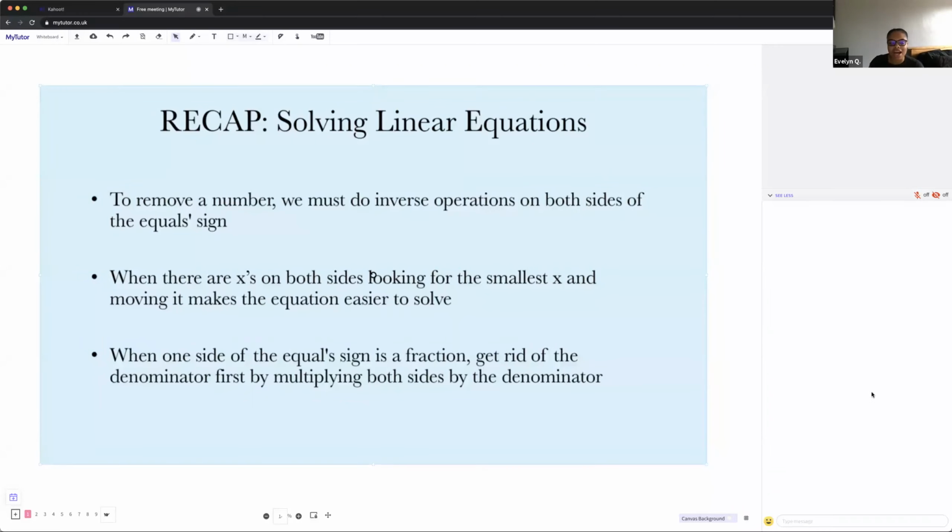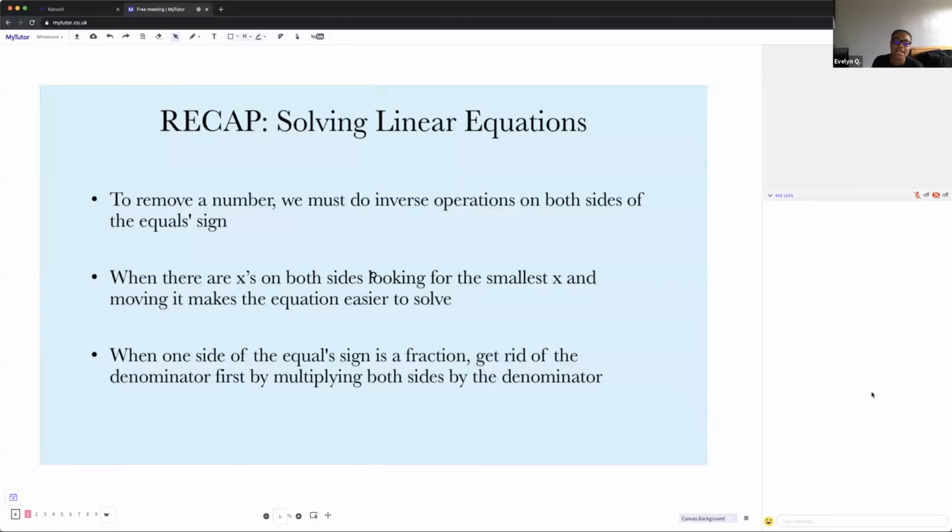So the recap. Yesterday we had a look at solving linear equations. To remove a number or to get rid of something on one side of the equal sign, remember you have to do the inverse operation on both sides. When there are x's on both sides, look for the smallest x and move it, which makes the equation easier to solve.